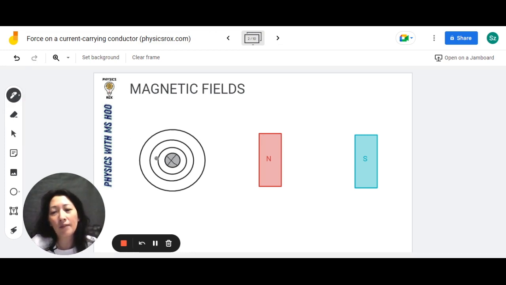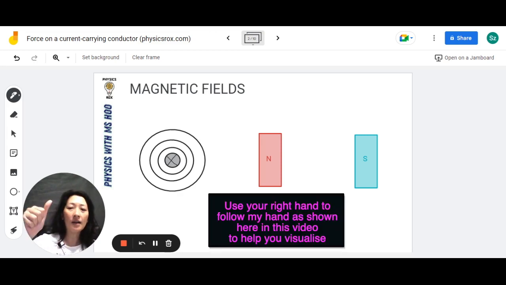This is the symbol for current flowing into the paper. If you can't remember or you have not learned about this, please watch my video on magnetic effects around a single wire. So here, let's say this is the conductor, current flowing in. Now remember, use the right hand grip rule to determine the direction of the magnetic field. As a recall, current is flowing into the paper, so away from you.